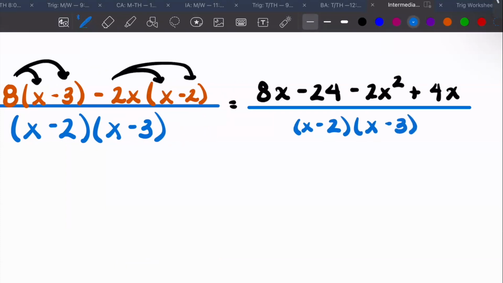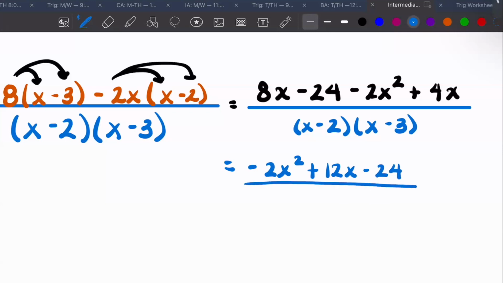So let's keep cleaning up. Let's add like terms. So negative 2x squared plus 12x minus 24 all over our denominator. And we can clean up that a little bit more.